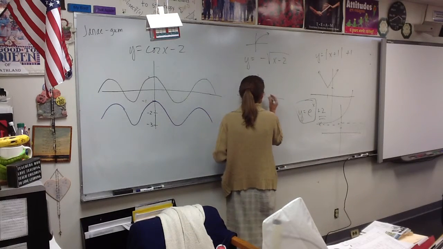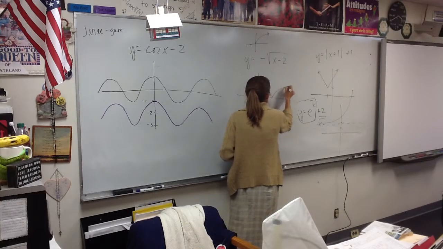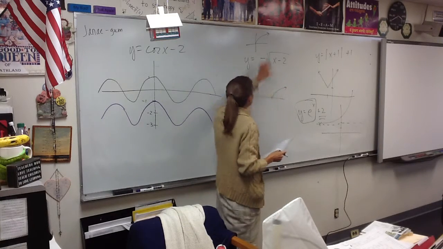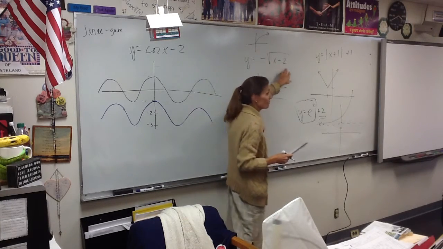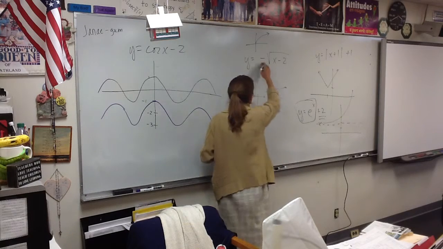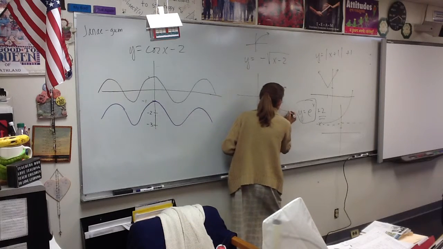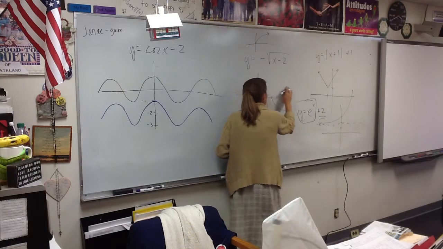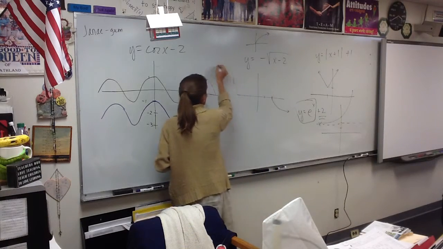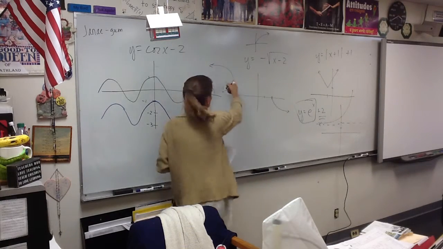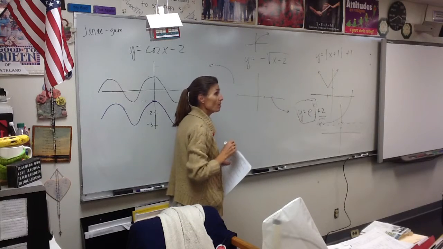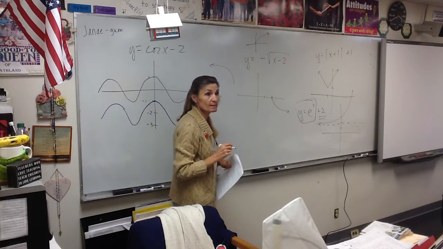So the original looks like, all right, I shouldn't say the original. This is the original. This is if we move it over 2. And now I'm going to turn it upside down. Now, those of you that were talking about having a shape that looked like this, a negative will accomplish that, but a negative in a different place in the equation.